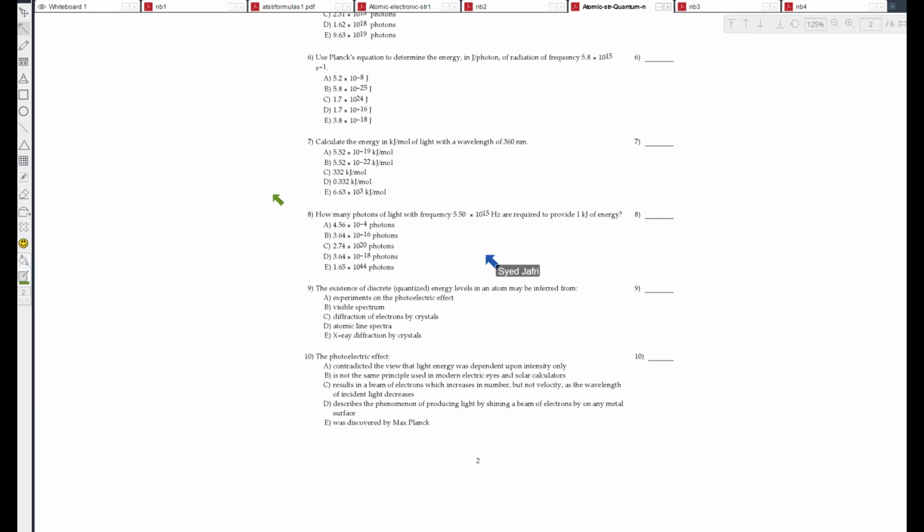That's my wavelength. Calculate the energy. What they want is energy in kilojoules per mole. We have E equal to hc over lambda.